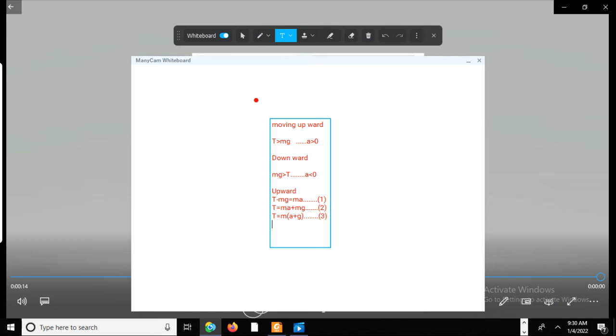For moving downward, for example, we can do an example. Upward acceleration is positive.